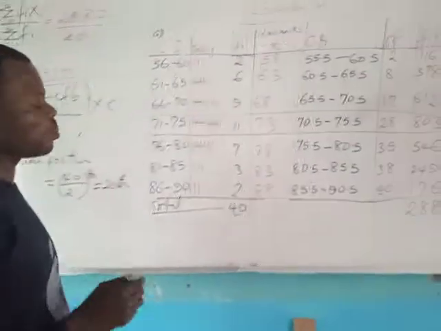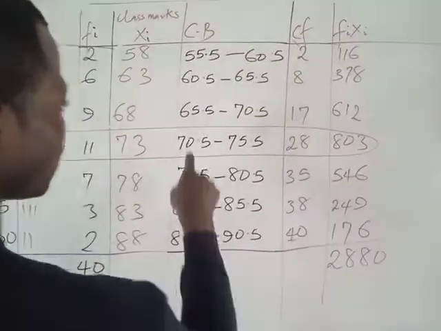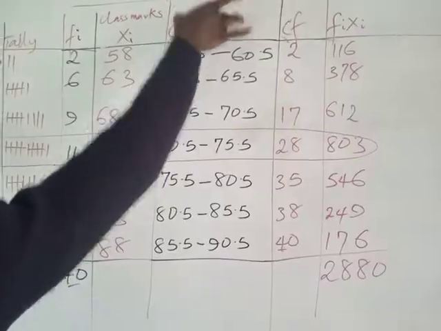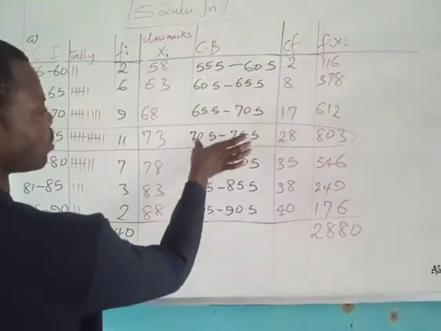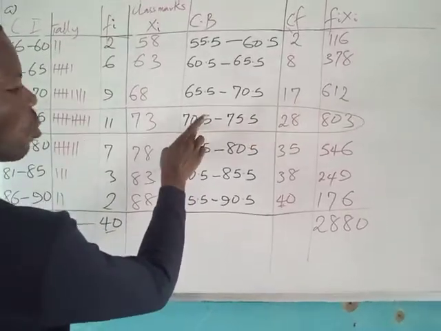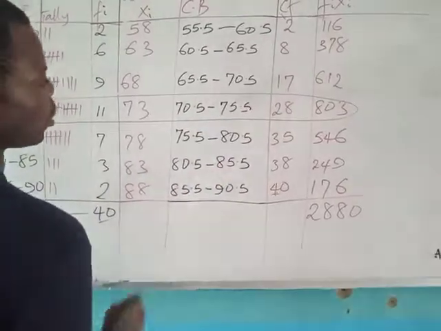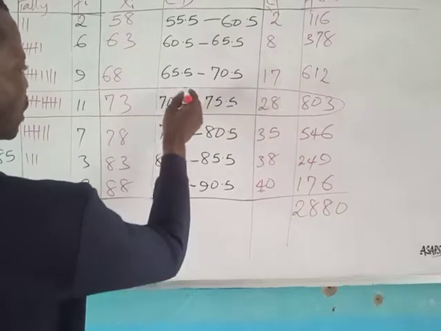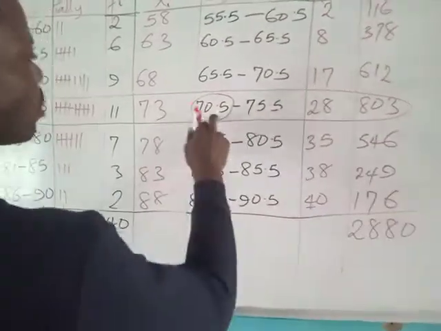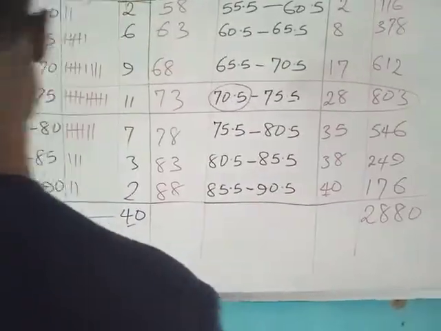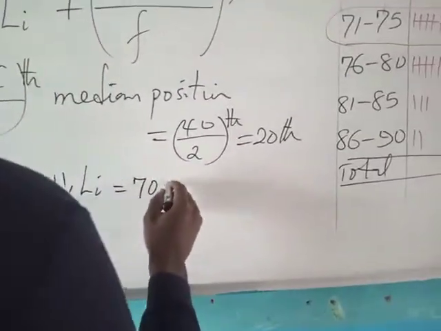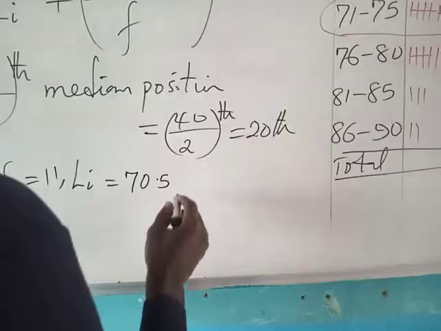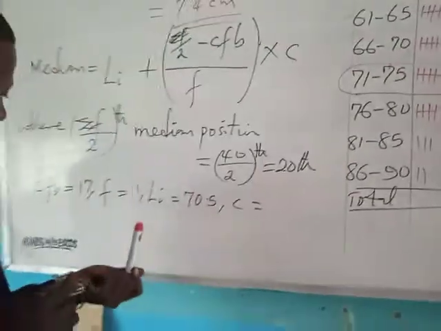So the median class will have a lower class boundary and an upper class boundary. This is the lower class boundary of the median class, which is 70.5. So our Li is 70.5. So C is equal to class size.